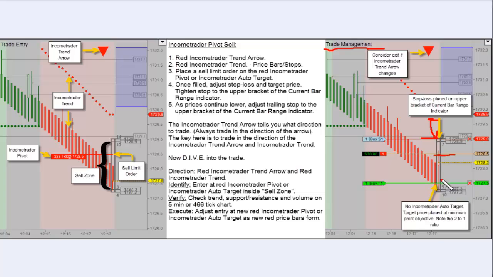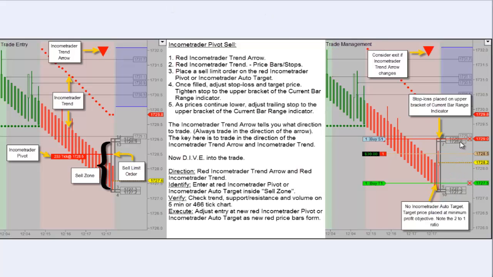If not, we want to make sure that we have a good risk reward ratio. In this case, we're only risking 5 ticks from here to here. So here's 10 cents lower. We're actually getting a 2-for-1 risk reward. So that's pretty good odds for this setup.